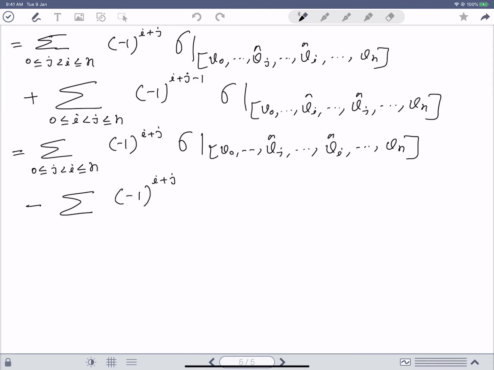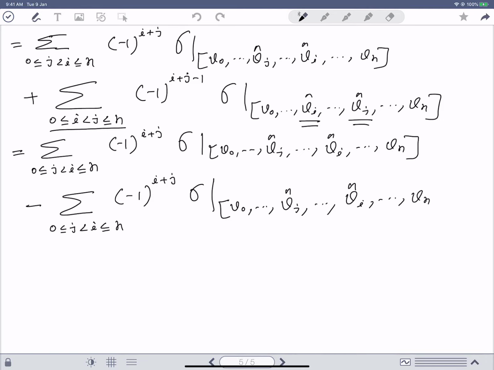Okay, fine. Since we interchange i and j, we get 0 less than or equal to j strictly less than i less than or equal to n. Okay, and we get sigma, we take v0, up to here we have vj cap, here we have vi cap and this vn.